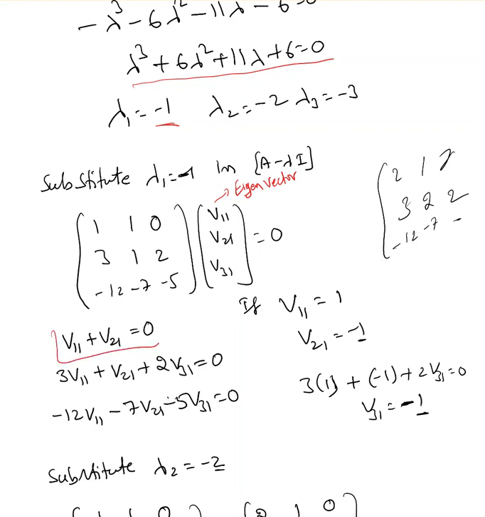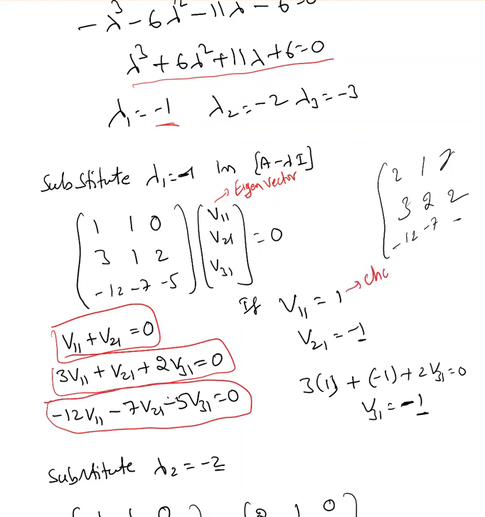So I have three equations, and based on these three, I chose one value. As I mentioned, I always choose one, but it's up to you. You can choose 2 or 10. Still, we will end up with the same equation.